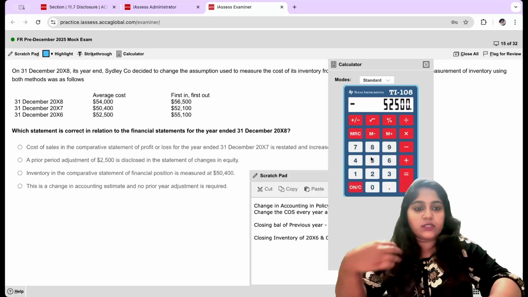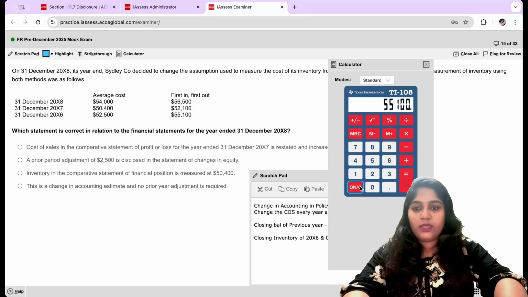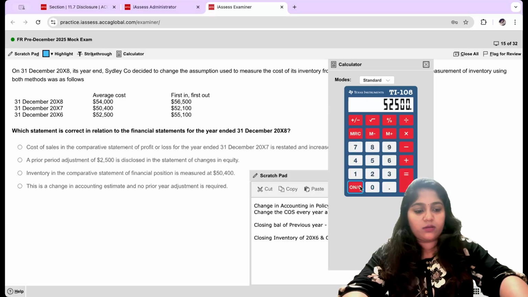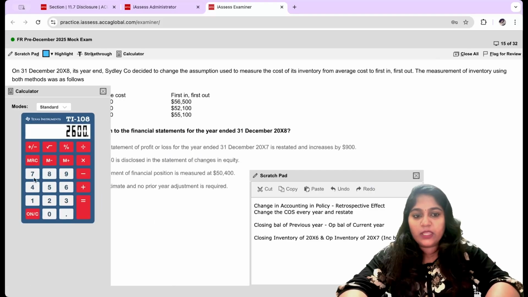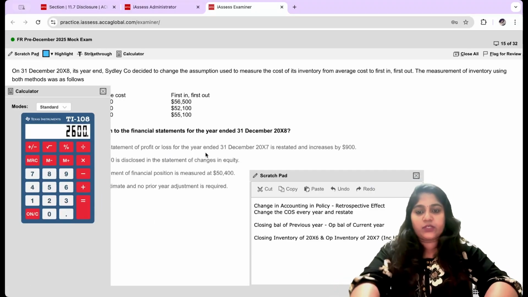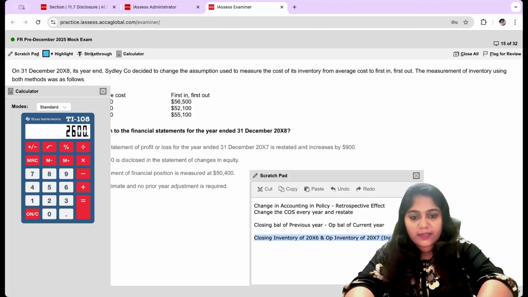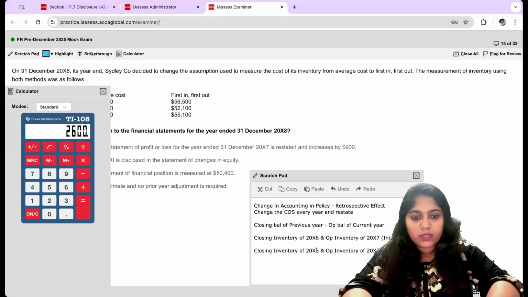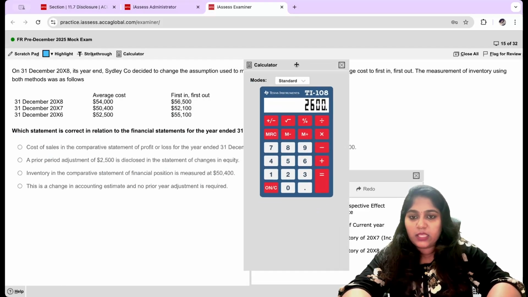The difference is 2,600. So there is an increase in my opening inventory of 20X7, increase by 2,600. First thing. Second, closing inventory of 20X7 and opening inventory of 20X8 is increased or decreased? I think, okay.